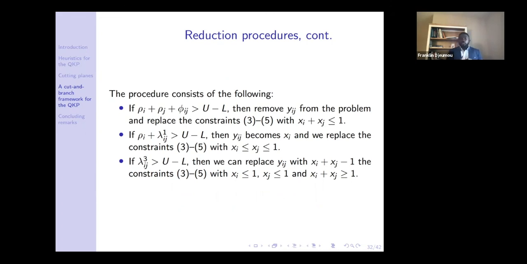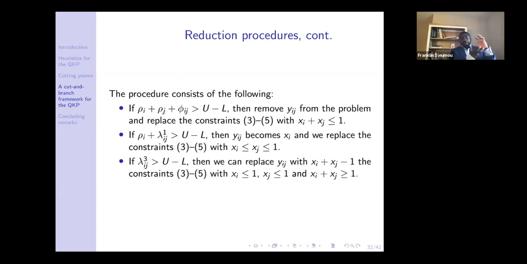For example, the first one: if you solve your continuous relaxation and you find that a specific variable Yij is equal to 0, and then you try to switch this variable on, meaning bring its value from 0 to 1, then because Yij cannot be 1 if xi and xj are not 1, bringing it up to 1 will also bring xi and xj up to 1.